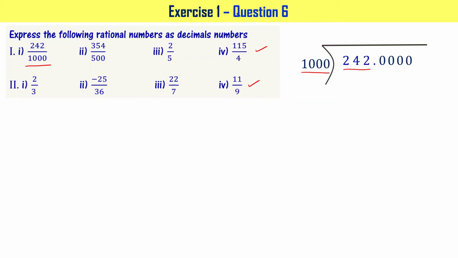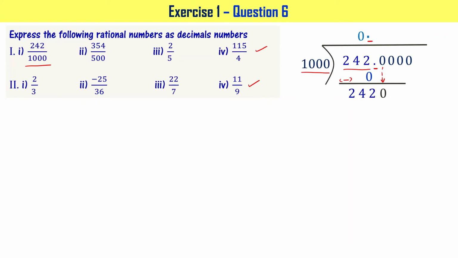For that reason, I'll multiply 1000 with 0 so that I can subtract 0 from 242. When I do that, what I get is 242 as the answer, right? Now look at this. We have dot here. This dot has to go as part of the quotient also, right? So let's write that. Now since we have put the dot, let me bring down the first 0. So the number you have now is 2420, right?